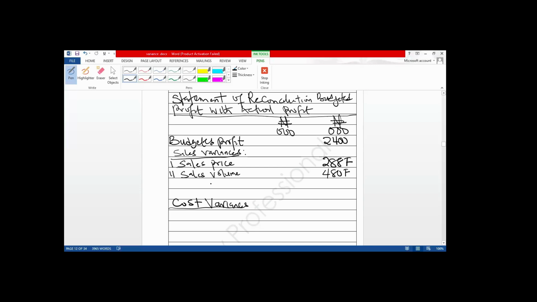Now look at this sales variance. Our sales, we are doing well. Our plan is to sell for 6,000 naira. On getting to the market, we sold for 6,120.